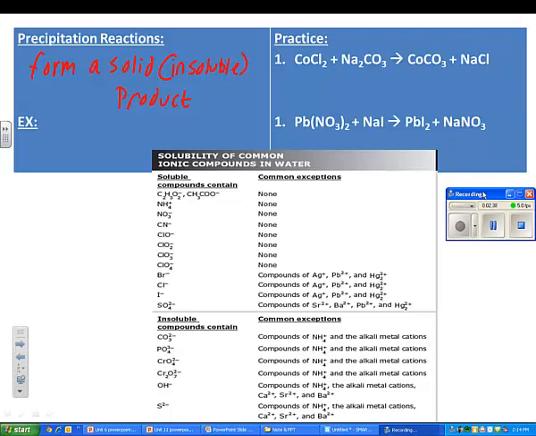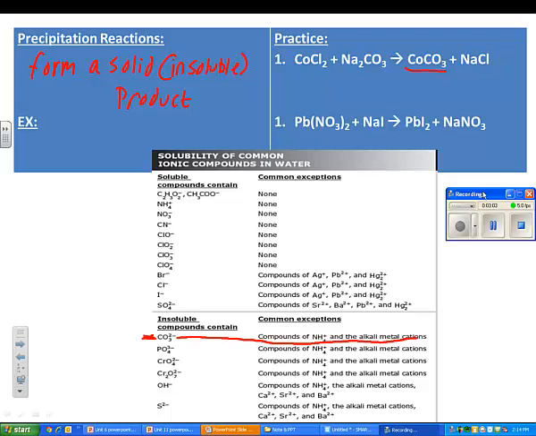And so you see you have cobalt chloride and sodium carbonate. You don't see any acids or bases there. So we go to the product side. It's cobalt 2 carbonate is actually what that would be. Let's check and see if it's soluble. Remember, we'll look at the anion, the carbonate, CO3, which is right here. And those are generally insoluble unless it's with an ammonium or a group 1 metal.